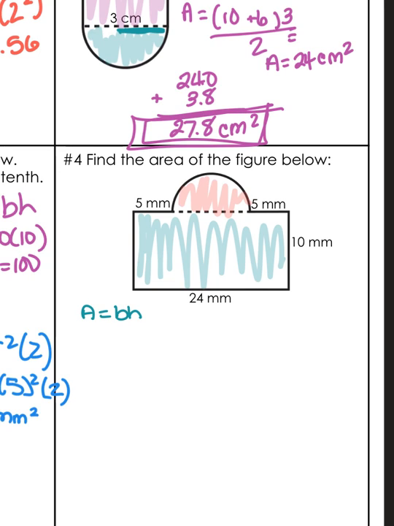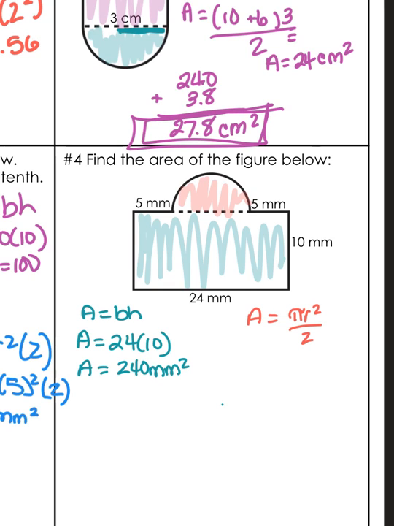And then for my other one, I am going to say the area equals pi r squared divided by 2. Okay, so let's go ahead and start. So for this first one, base times height, I have area equals 24 times 10, which would be 240 millimeters squared.